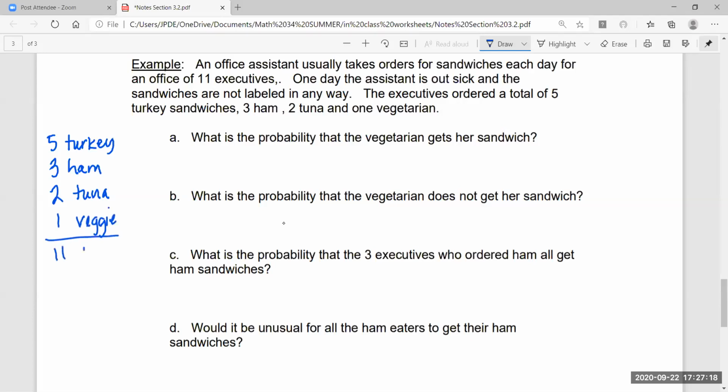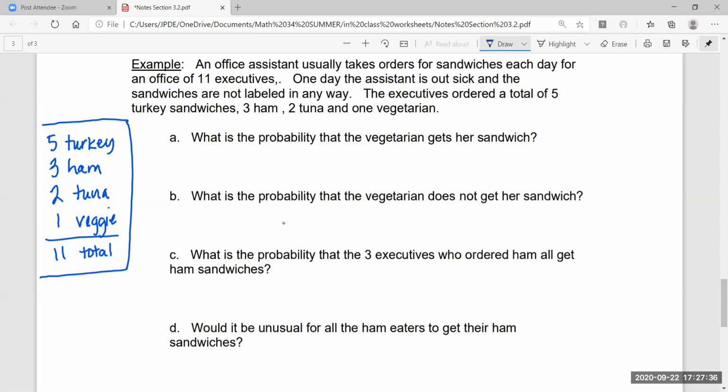So altogether, that should give us our total of 11. And I do recommend doing this because you notice it's easy to just look and try to pull the numbers out of here. I think this makes it clear.